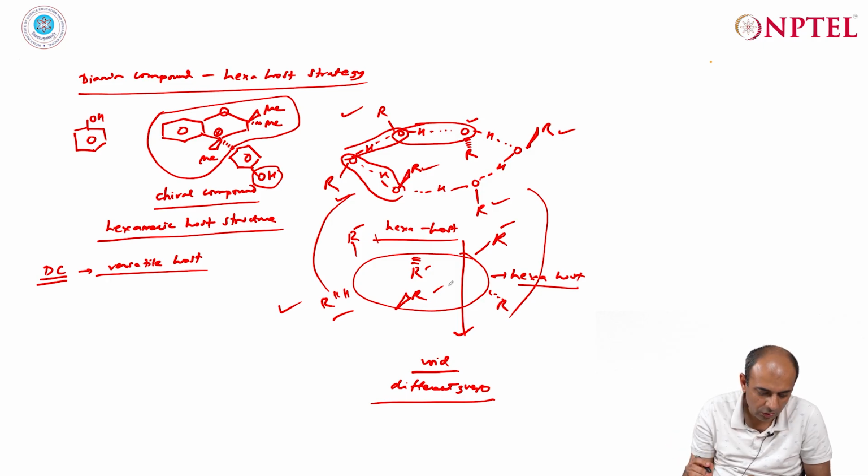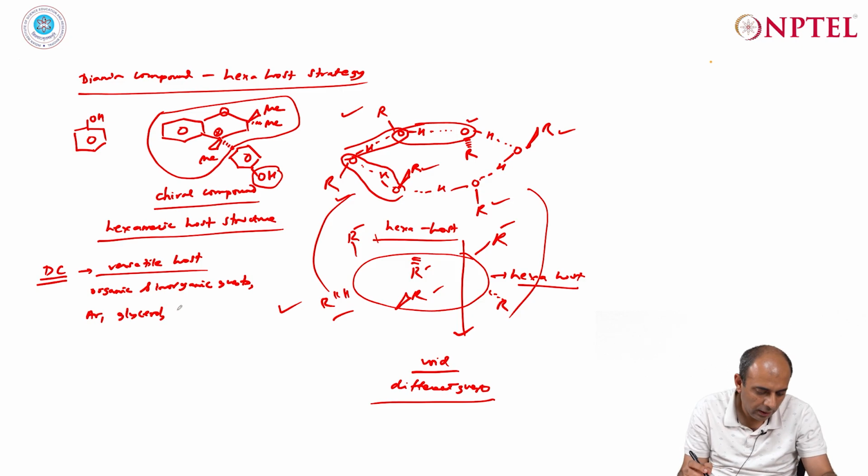So it is a versatile host and it can include a wide range of organic and inorganic guests. For example, argon, glycerol, sugars, and more importantly SF6.